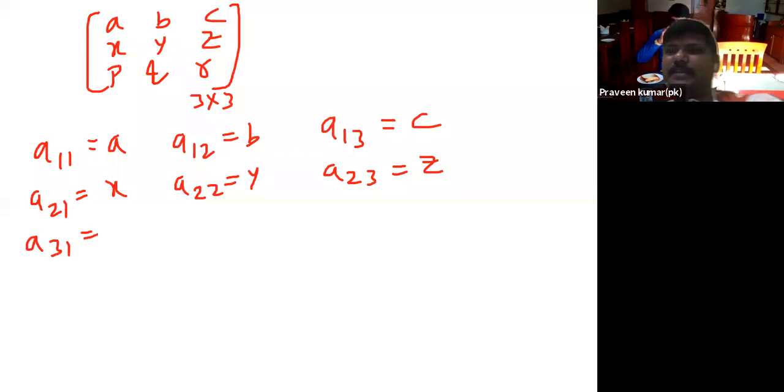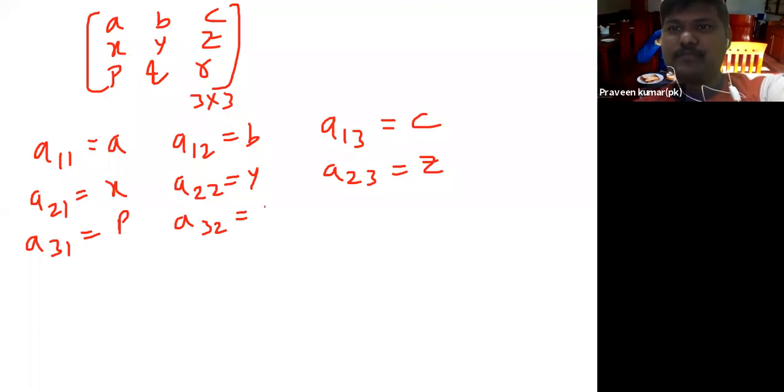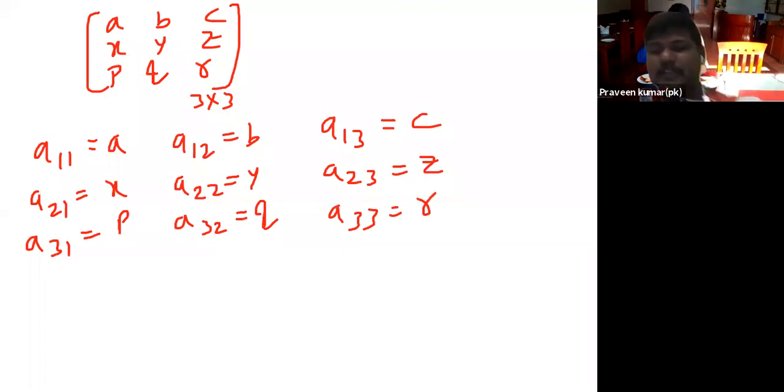What is third row, first element? Perfect. P. Here, students, what is third row, second element? Q. Perfect. Third row, third element? Wonderful. R. So, like that, we are representing a matrix with the elements.